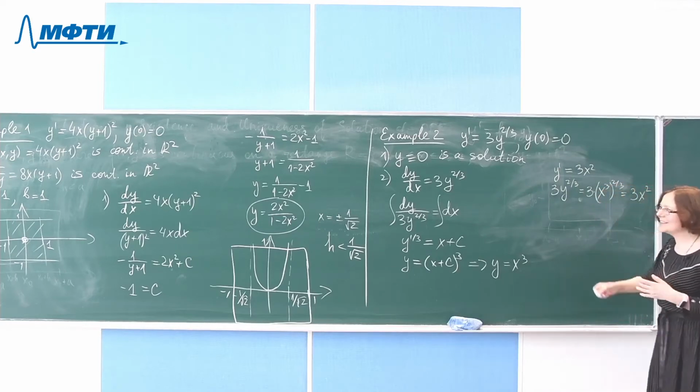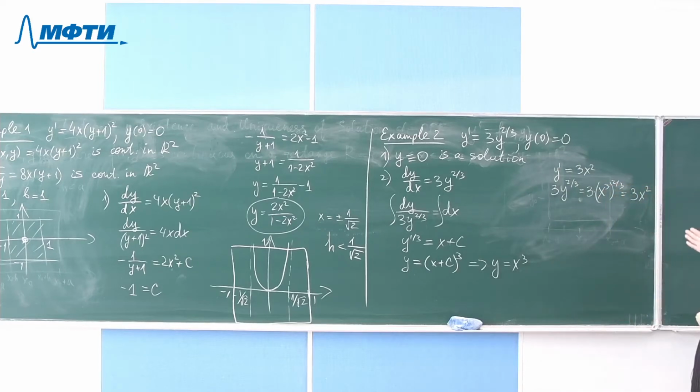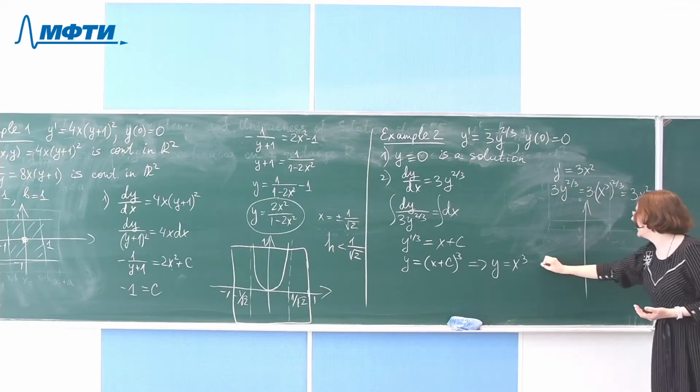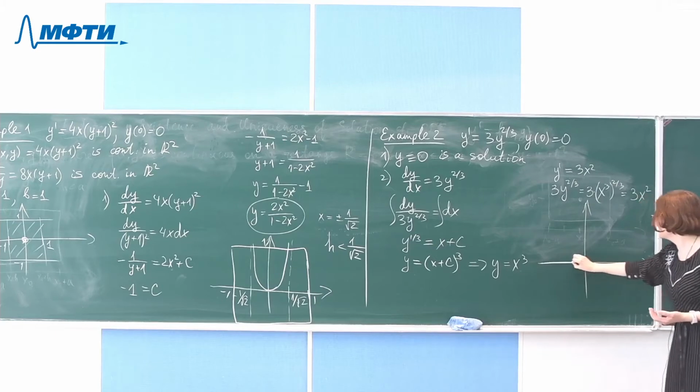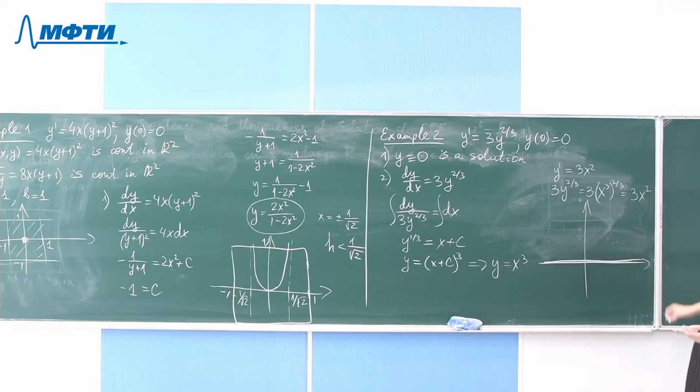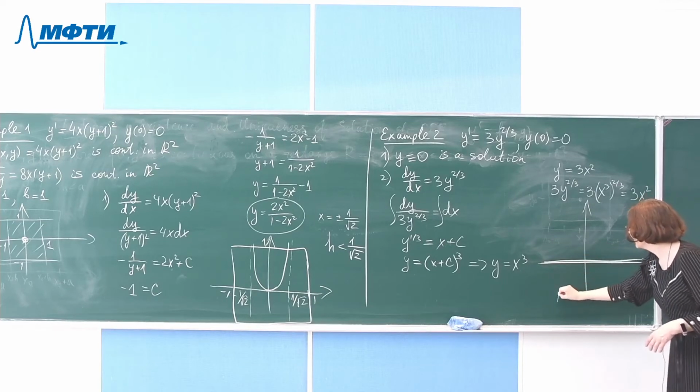Okay, will it contradict our theorem or not? Maybe the theorem is wrong. So identically 0 and x cubed.